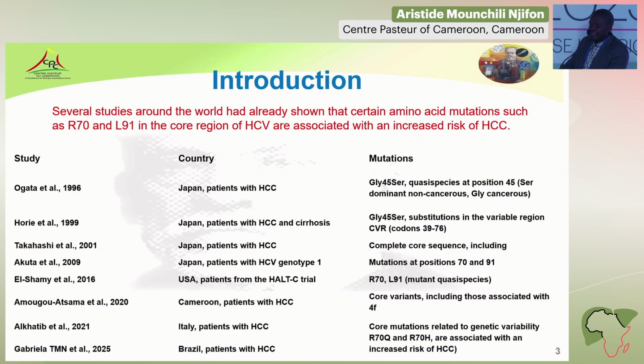Several studies around the world have already shown that certain amino acid mutations, such as R17 and L91 in the core region of HCV, are associated with an increased risk of HCC.